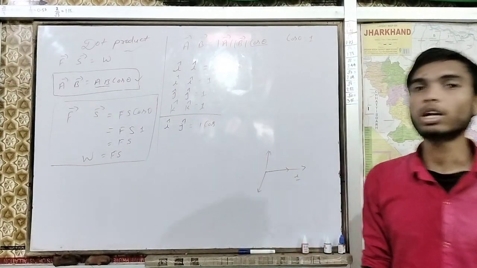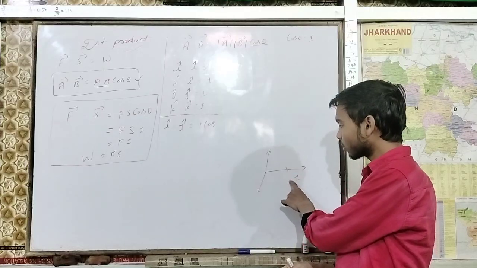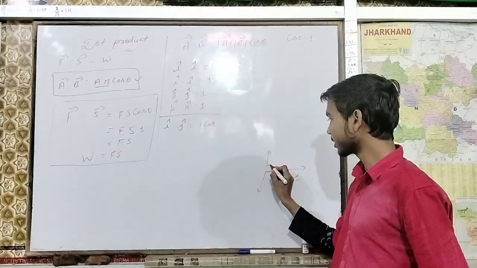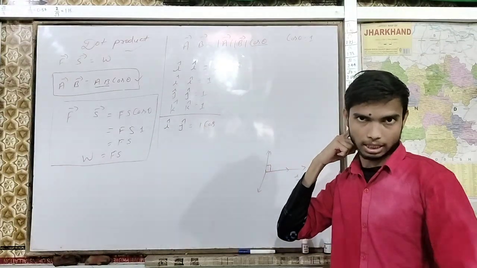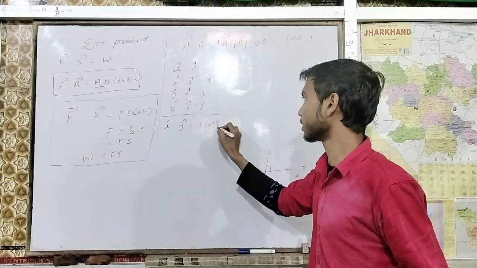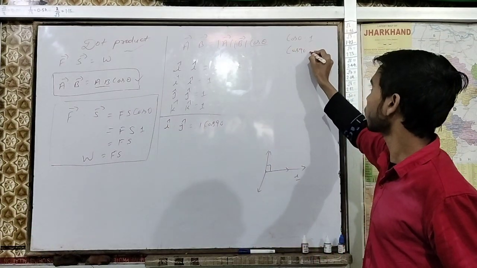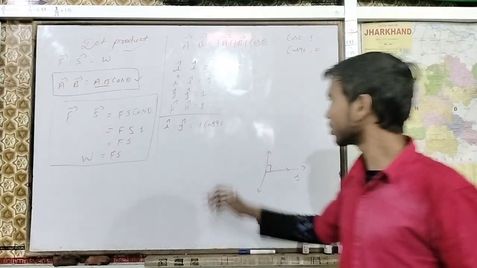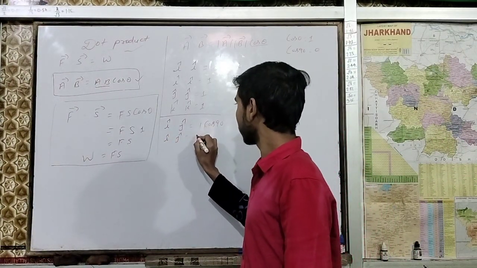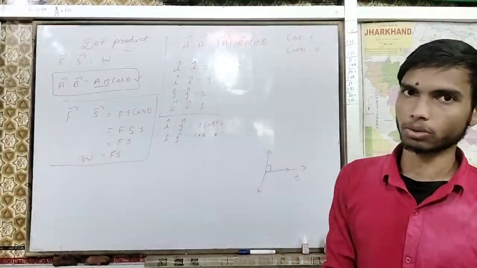Now tell me what your angle is. This is one axis and another axis is this, and this angle is 90 degrees, and cos 90 is 0. So 1 multiplied by 0 is 0.